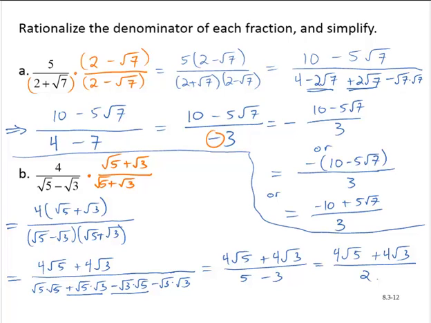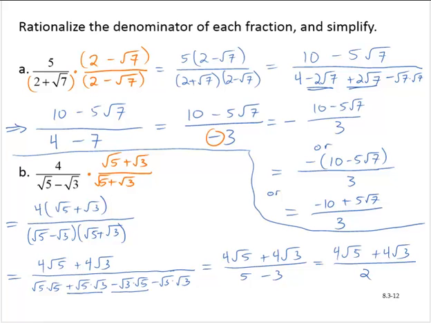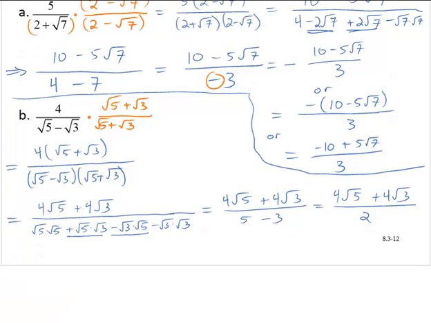Now, we have to be careful here because we can simplify this further. Notice that there is a common factor in the numerator, and that factor is, in fact, 4. Or we could maybe more easily see it as there being a common factor of 2 between the numerator and denominator. So, let me factor out that 2 in the numerator.